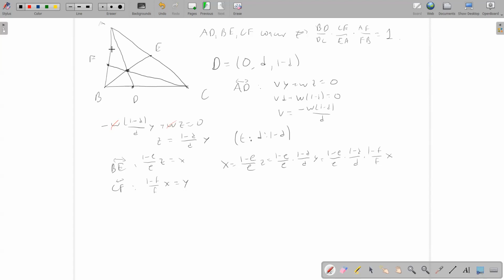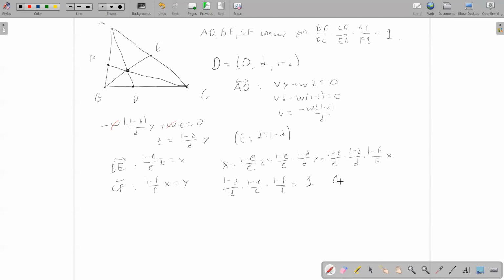Now, x cannot be 0. Because if it were 0, then it would be a point on this line. And since it's in these two, it would have to be both b and c, which doesn't make sense. And so we can cancel this out and say what we need is 1 minus d over d times 1 minus e over e times 1 minus f over f to equal 1.